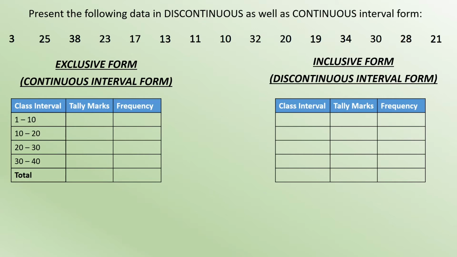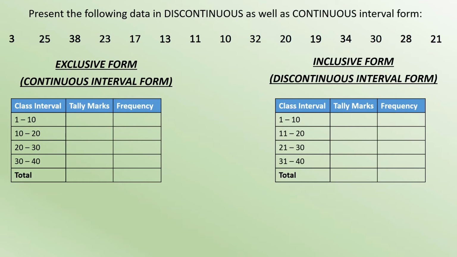So we have made 4 groups of size 10 each. Now in inclusive form or discontinuous class interval form, you can see the class intervals are 1 to 10, then 11 to 20. Then next class interval begins from 21 to 30 and then 31 to 40.